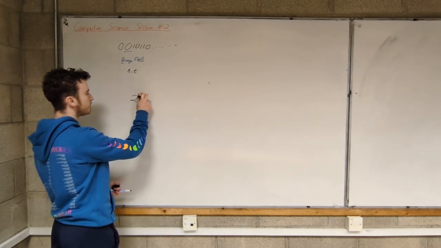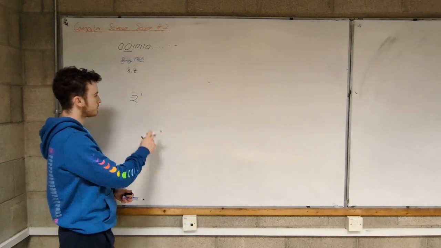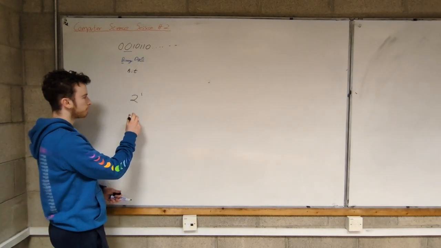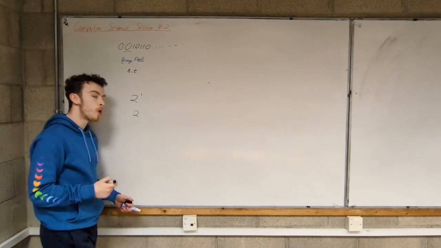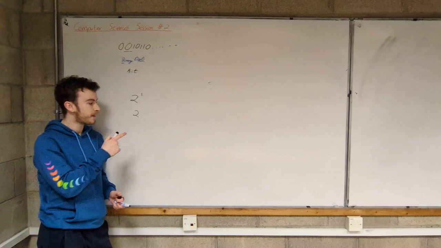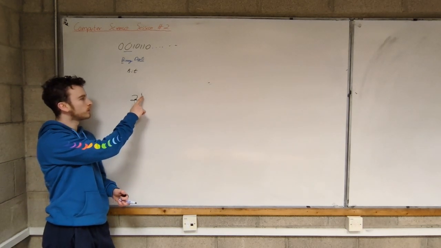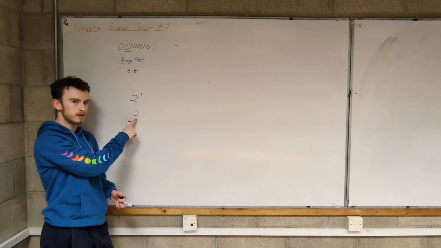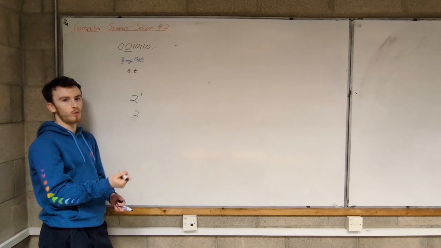So if we have one bit, so 2 to the power of 1. One bit, two possible combinations, or two possible values, 0 or 1.